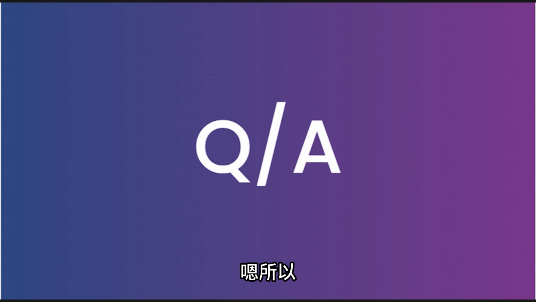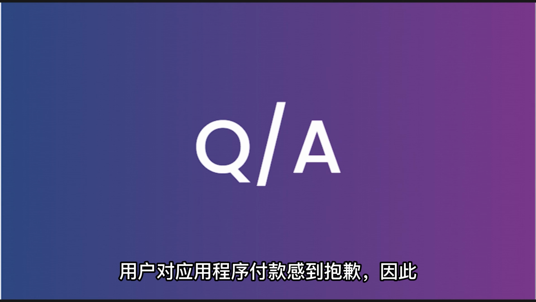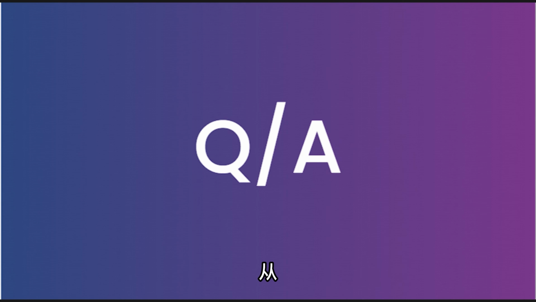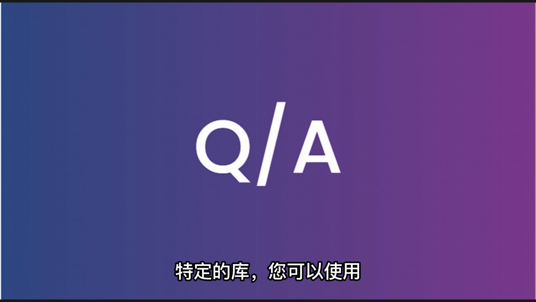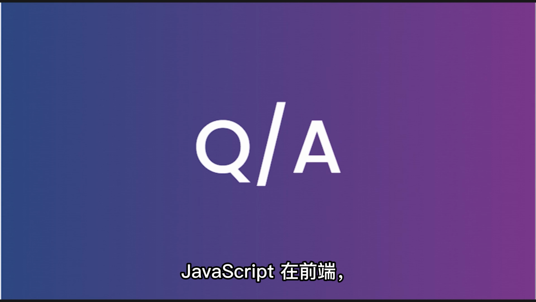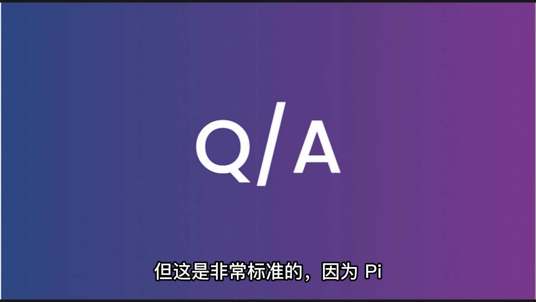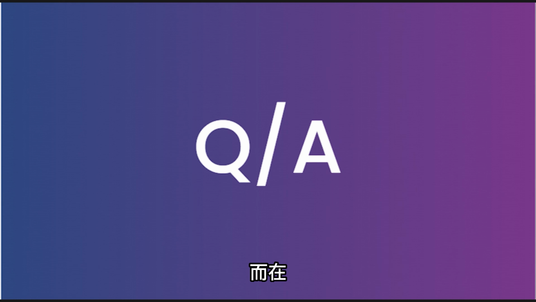So for the first kind of payments that we showed during the workshop, the user to app payments, so the payments that are originating from the user to your app, you do not need any specific libraries, and you can use pretty much any language out there or any framework, because all you need is JavaScript on the front end side, but that is pretty standard since Pi apps are essentially web apps with Pi SDK integrated into them.